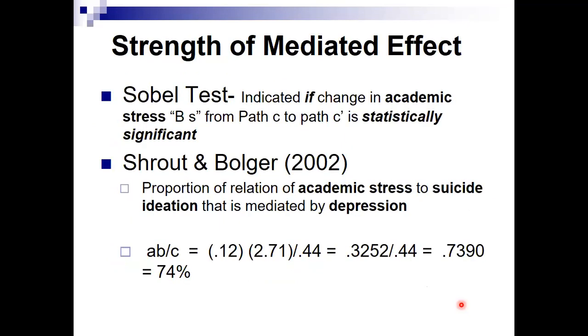Well, you can also calculate if you want to know the percentage of mediation. But now let's just continue here. These are path A, path B, and then path C. So A times B divided by C, and these are your beta values from the different paths, and then you'll be able to establish the percentage of mediation that is there.